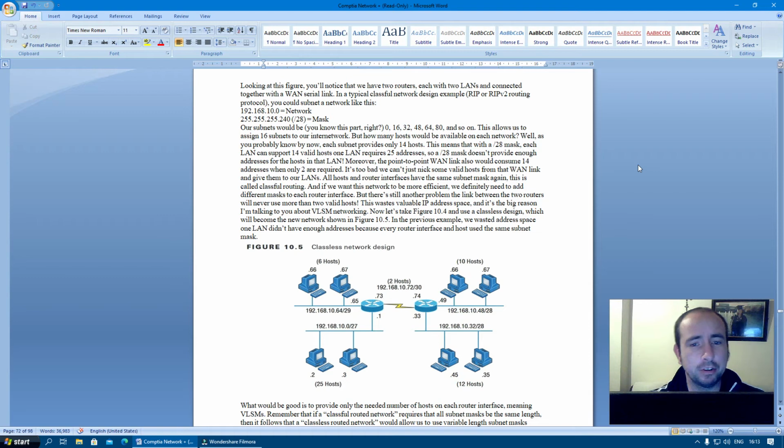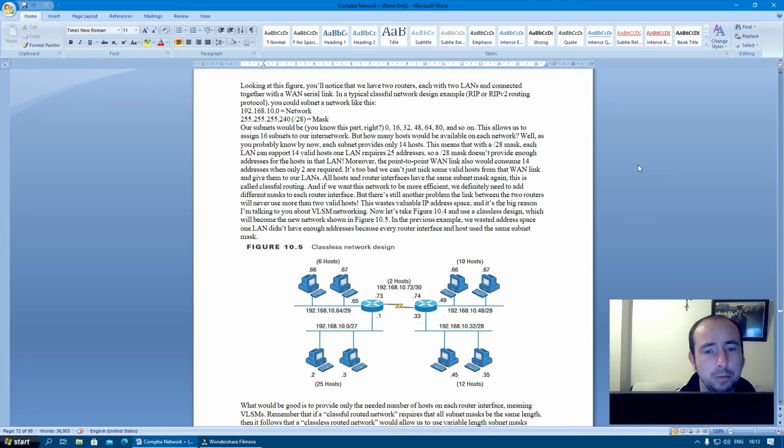Looking at this figure, you'll notice that we have two routers. Each has two LANs connected together with a serial link in a typical classful network design. Example, RIP and RIP version 2 routing protocol.